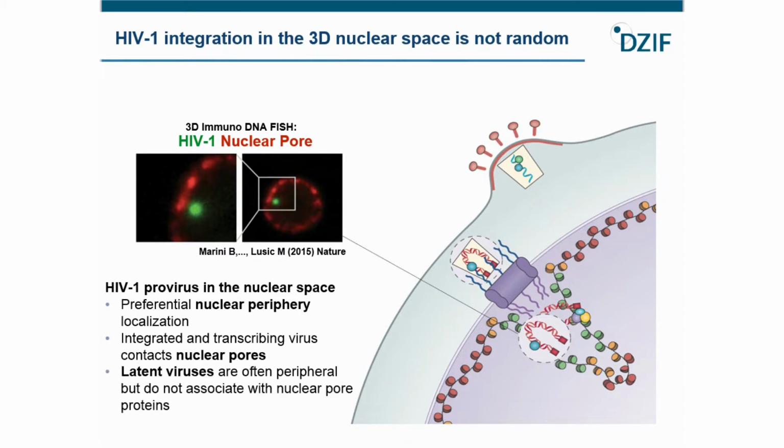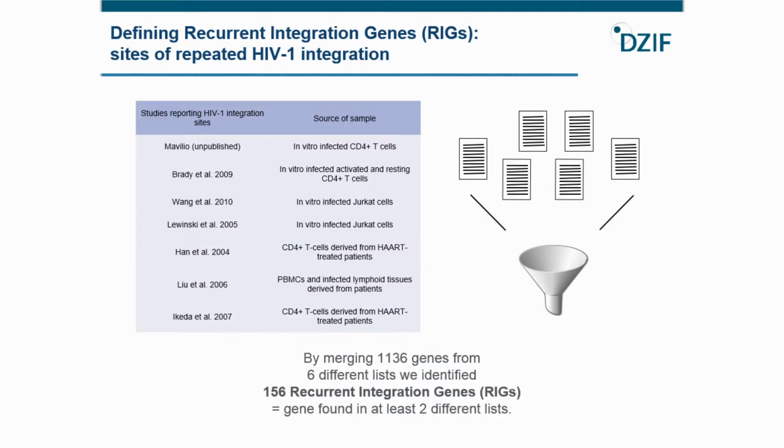The interesting thing is that HIV is never found in these LADs. After we observed the positioning of the virus, we did the first analysis of the genes into which HIV integrates, and we were interested in seeing where it recurrently integrates, a kind of definition of hotspots of viral integration.